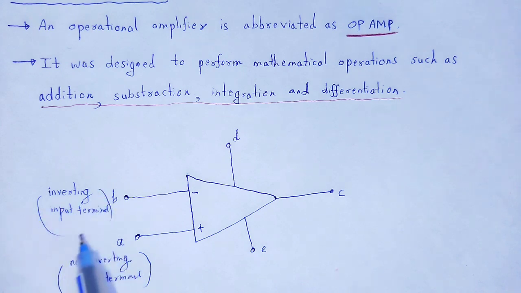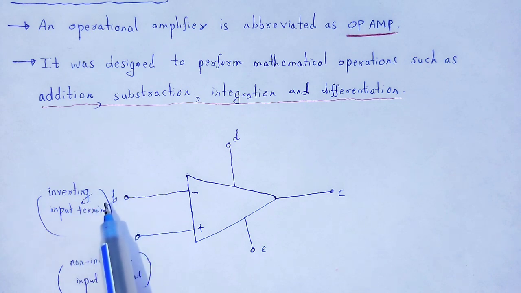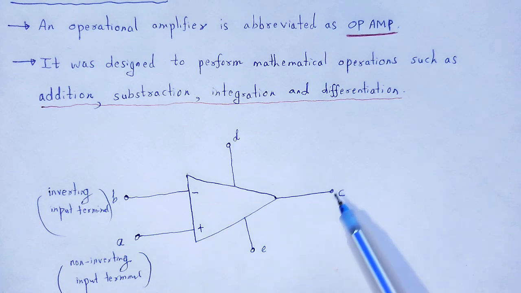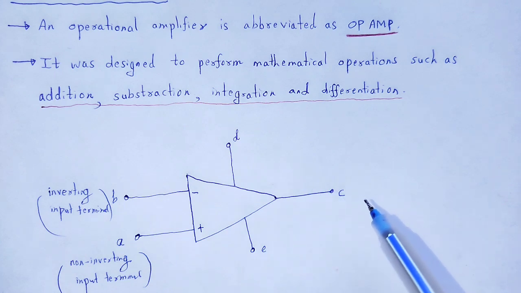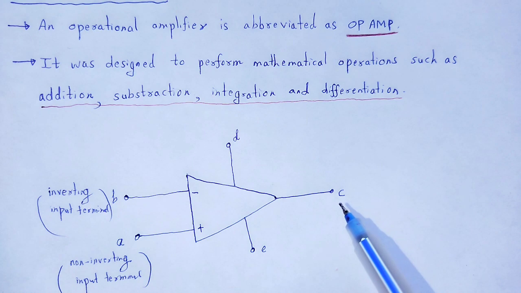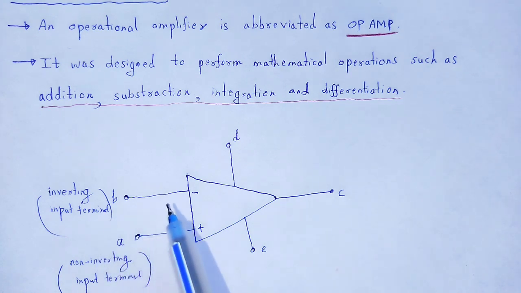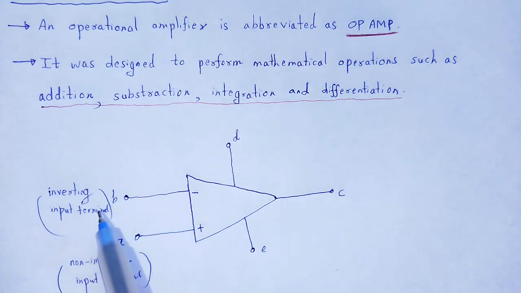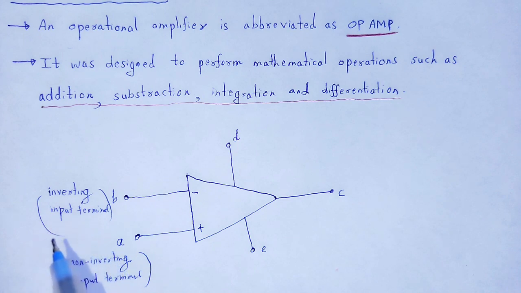Why is it called the inverting input terminal? If we supply a signal through terminal B, then at the output we obtain that signal out of phase with that of the input. Therefore, that terminal is called the inverting input terminal.